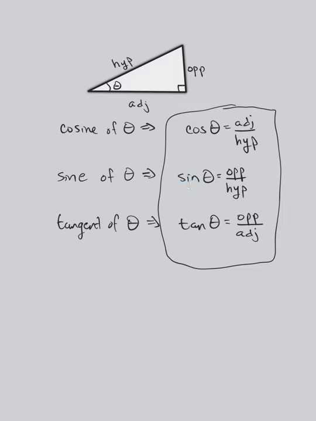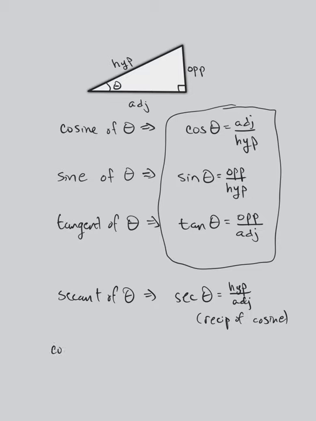But we can look at the ratios that are the reciprocals of the ones we've given, and those lead to the other three trig functions. There's what's called the secant of theta, and we abbreviate that sec of theta, and that's the reciprocal of the cosine, so it's hypotenuse over adjacent. The way I always think about these is I know which one's the reciprocal of which. So secant is the reciprocal of the cosine.